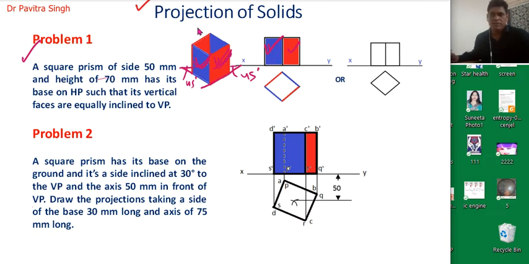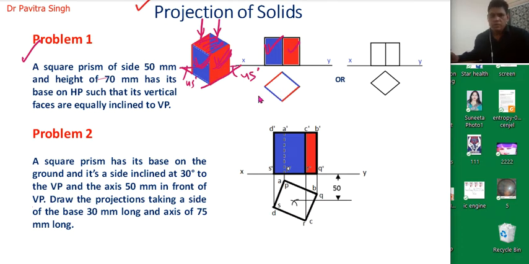Okay, when we see from the top, we can see this surface: this red surface, this blue surface and this blue surface. So this will be the top view, and the top surface can be seen from the top.